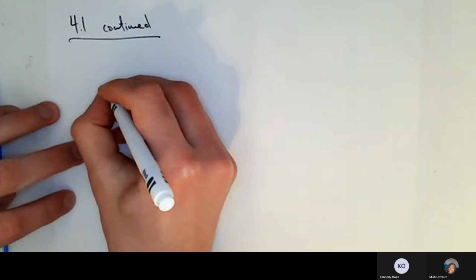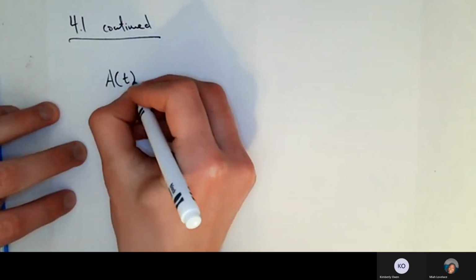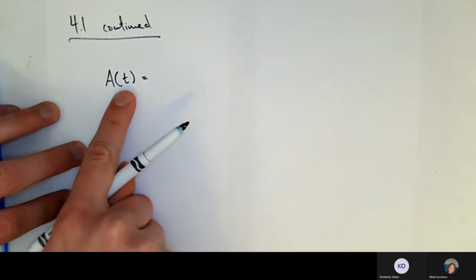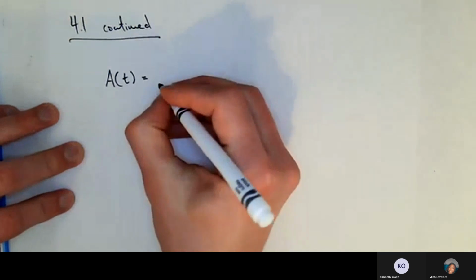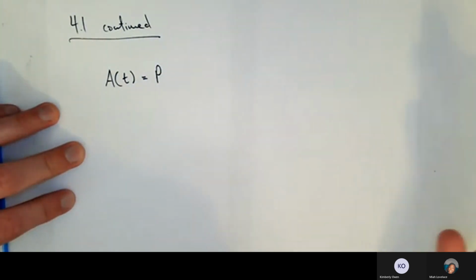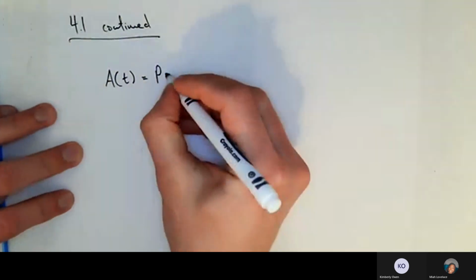So we found that compound interest, the amount in an account, A of t, at some time where time is measured in years, is dependent on a lot of things, but a lot of those things are fixed. We have the principal, the amount you're going to drop into the account.